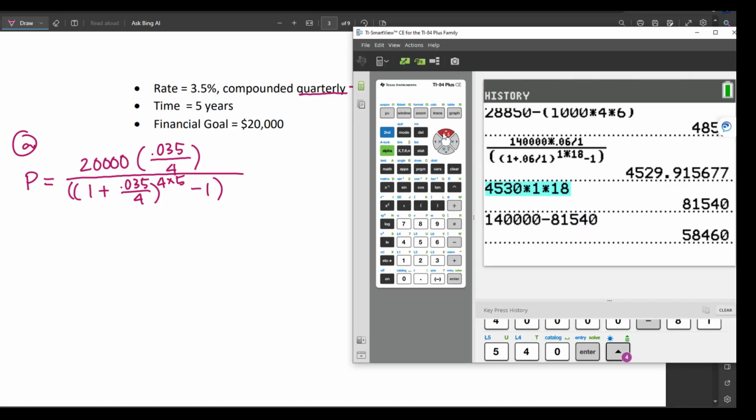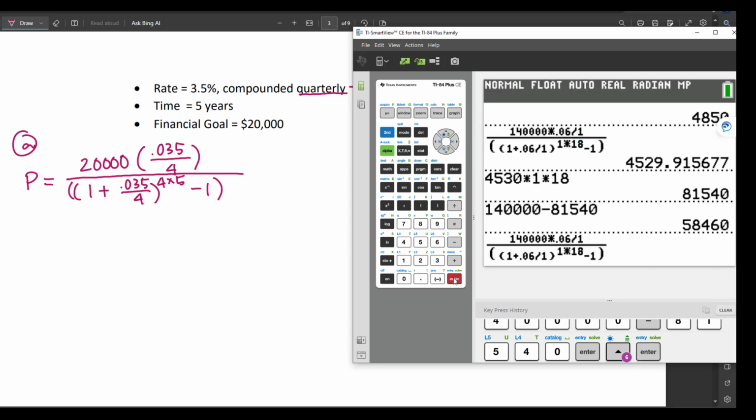Okay, I'm going to scroll up, highlight, and just put everything in. So we have 20,000. I need to delete one of these zeros. Our interest rate is 0.035, and then divided by 4. Then we have 1 plus 0.035 divided by 4.